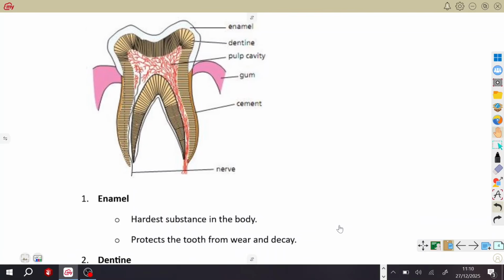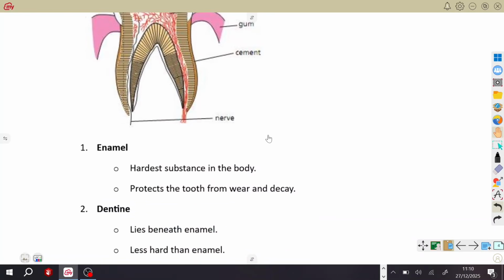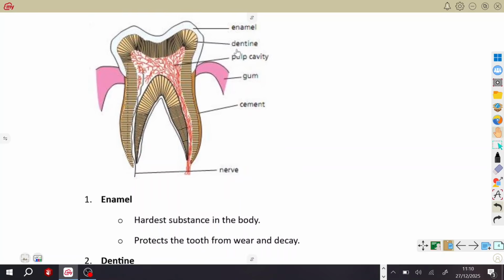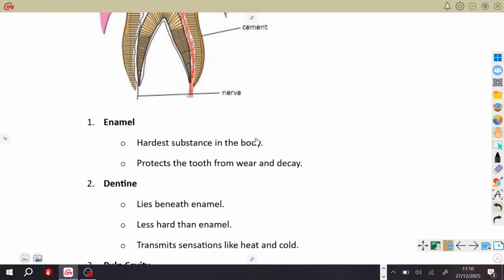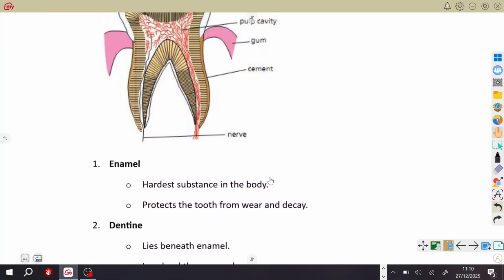Then we go to the dentin. The dentin is next, just below the enamel. So when we go to the dentin, we are saying it lies beneath enamel. Okay, then it's less hard. The dentin is less hard than the enamel. Now the function is that it transmits sensations like heat and cold.